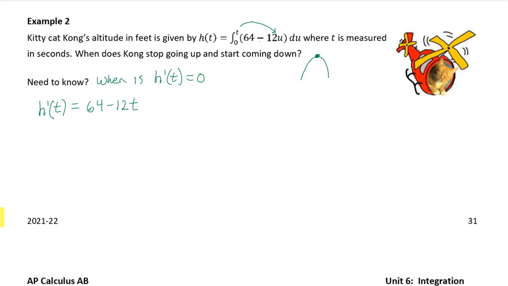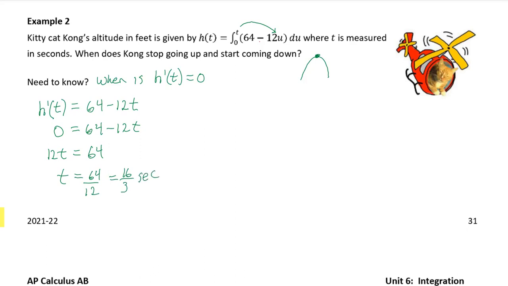All I'm doing, the second fundamental theorem of calculus says, is take that top variable and plug it in for the variable in the equation. I now have a brand new equation that I can set equal to 0 because this is my derivative. 64 minus 12t equals 0. If I add 12t to both sides and solve this, we're going to end up with t equals 64/12, or 16/3 seconds.